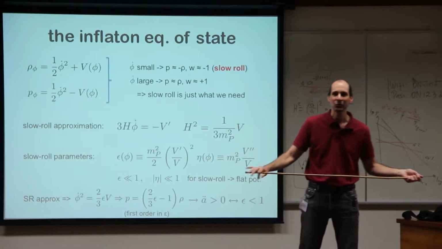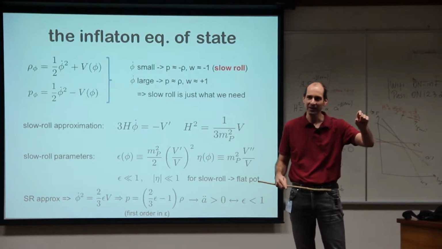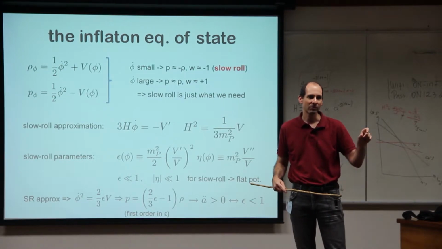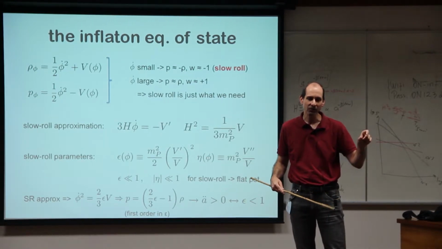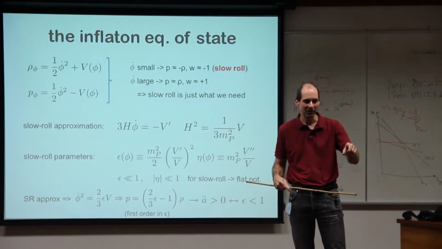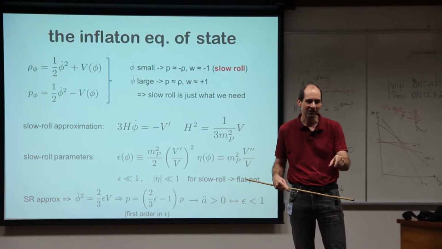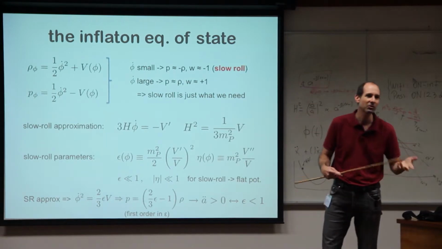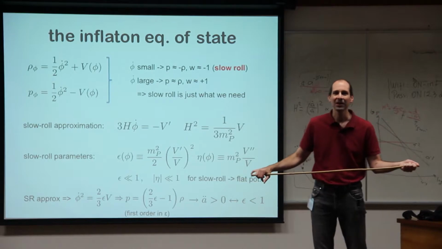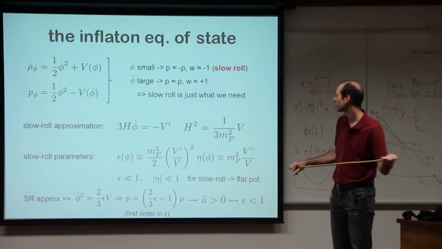If it moves fast, then it has a very large w, and it will try to slow down the expansion of the universe, and if it is moving very slowly, then it starts to accelerate the expansion of the universe. And so by drawing a potential that you like, you can do pretty much what you want.